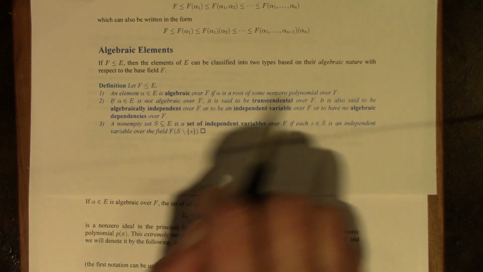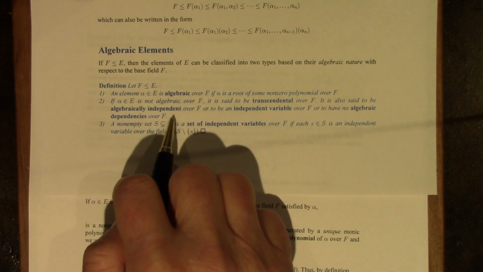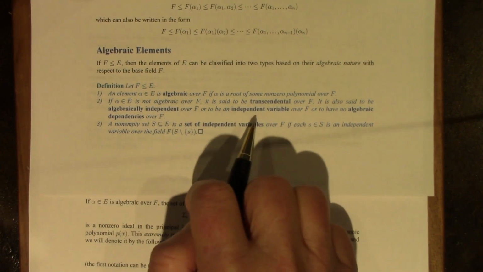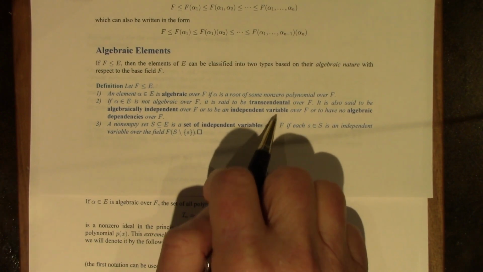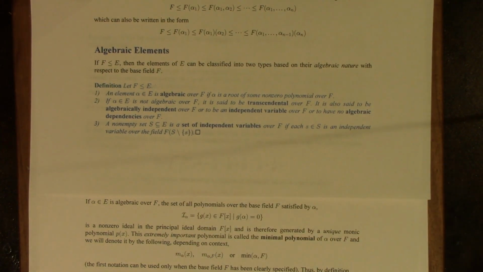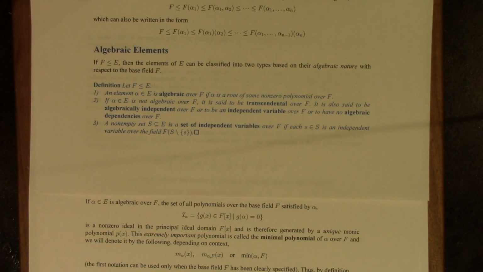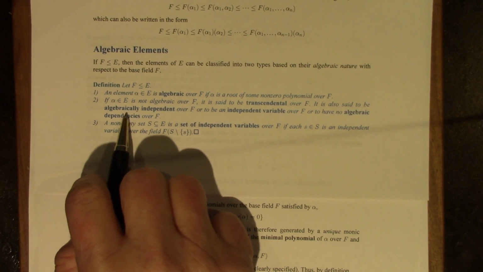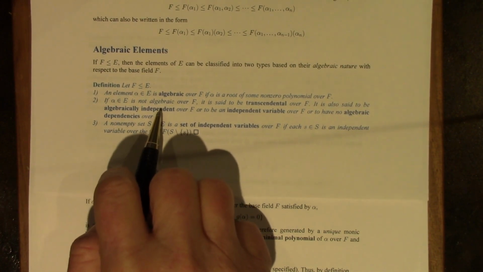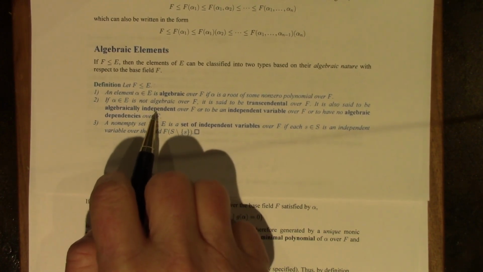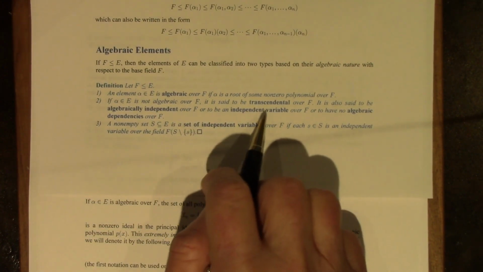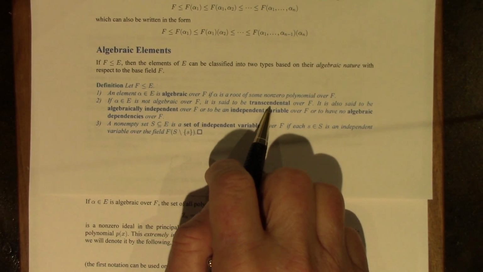It's also said to be algebraically independent over F, or to be an independent variable over F, or to have no algebraic dependencies over F. We're going to talk in a later chapter about algebraic independence in some detail. But for now, you can take that to mean transcendental.